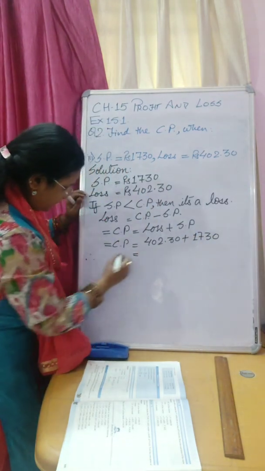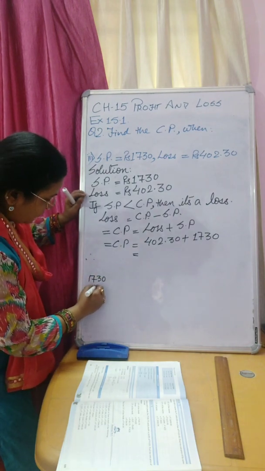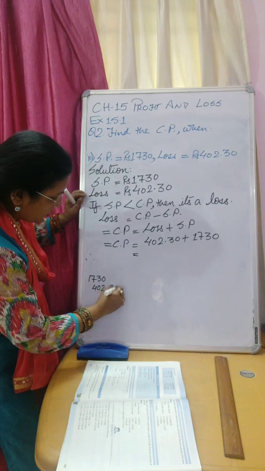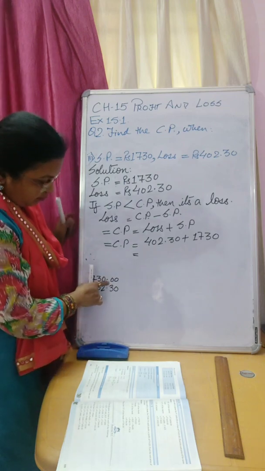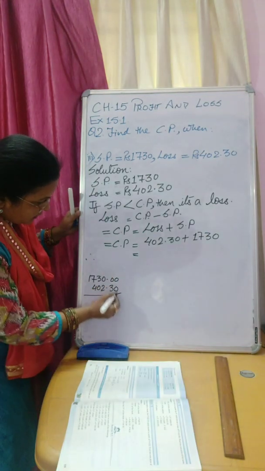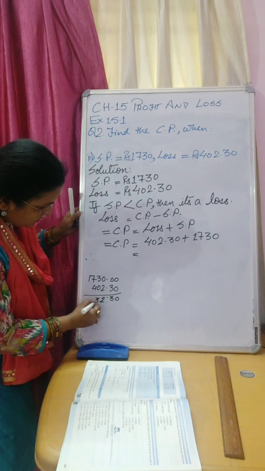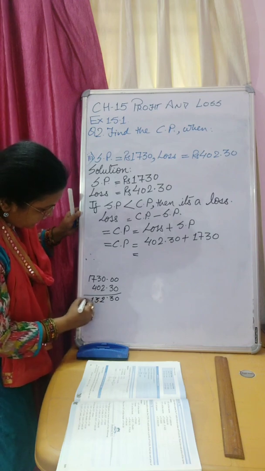We'll add. So now let us add 1730, 402.30. So we'll put 2 zeros here to make it equivalent decimals. Now 0, 3, decimal 2, 3, 7 plus 4, 11, 2.